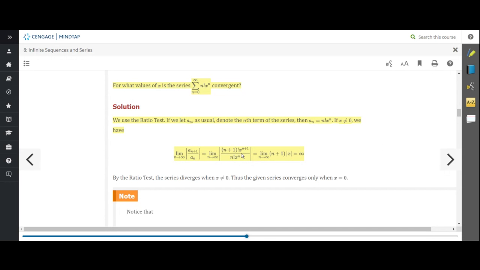And so the limit as n goes to infinity of the ratio will reduce to the limit as n goes to infinity of n plus 1 times the absolute value of x. You know, n plus 1 factorial divided by n factorial is equal to n plus 1.